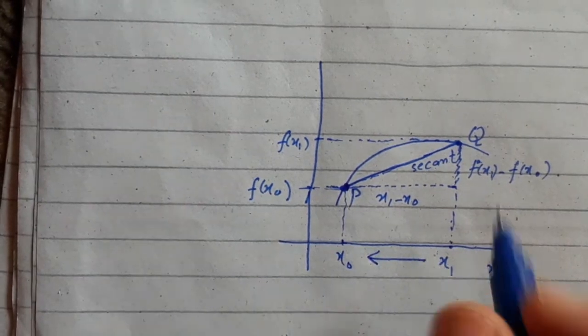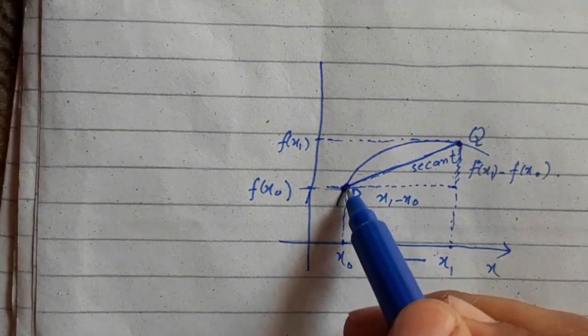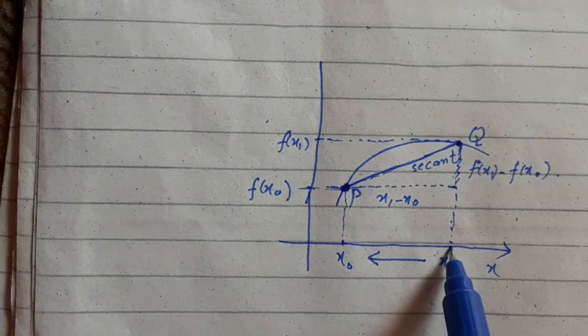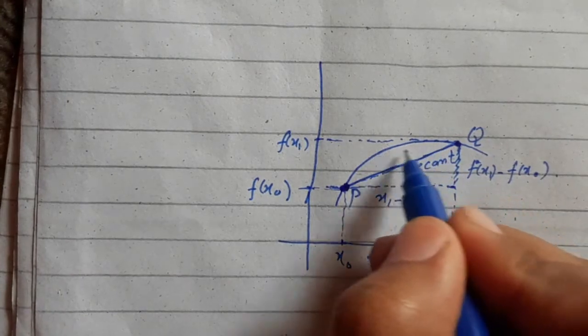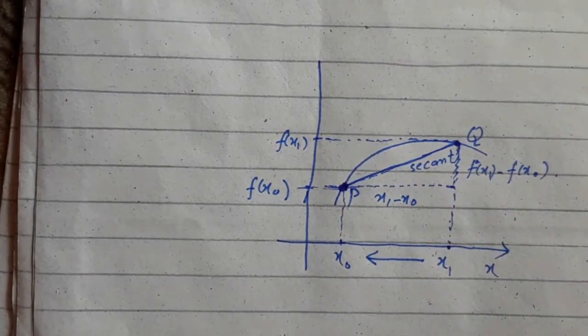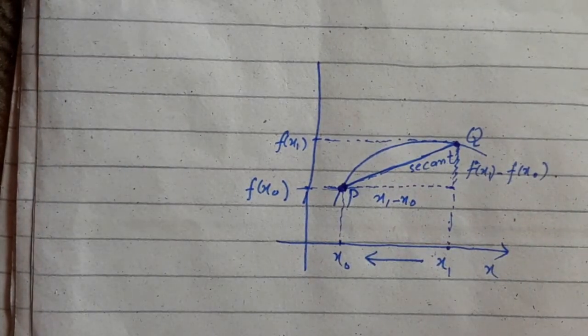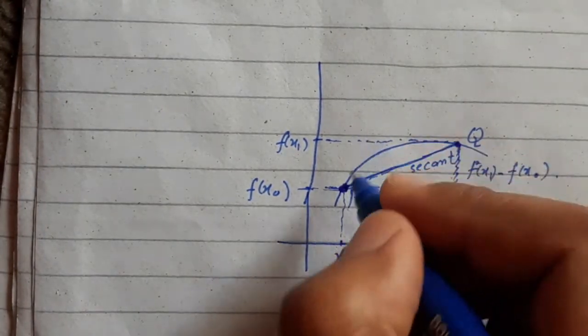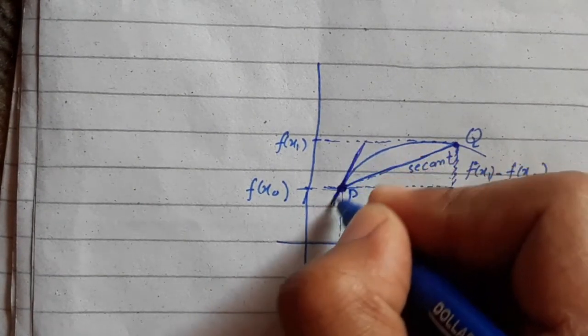You can see when I say I am trying to move my point Q towards point P, it seems like I am trying to move my x1 towards x0. So let's assume that my point Q reaches point P. What will the secant line be then? If my point Q is lying exactly above point P, what will be my secant line? It is no more a secant line, it becomes a tangent.